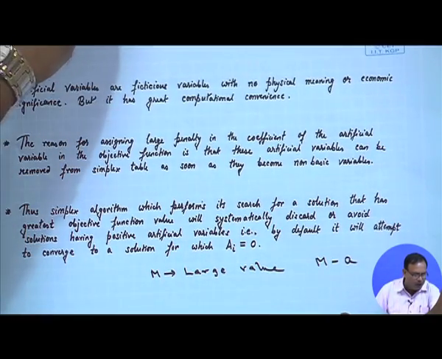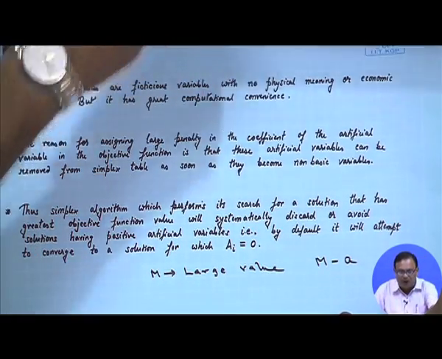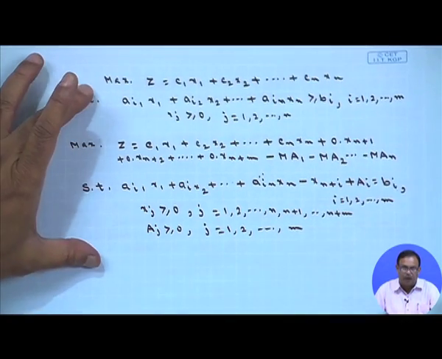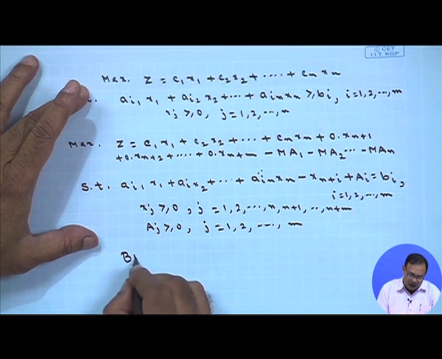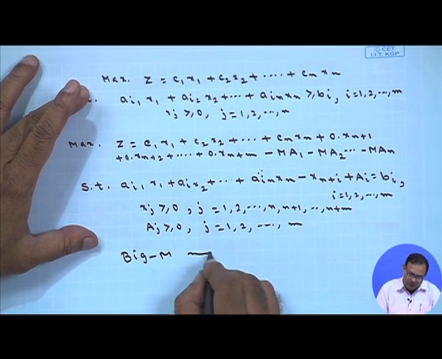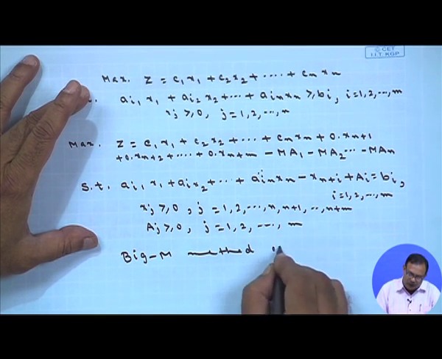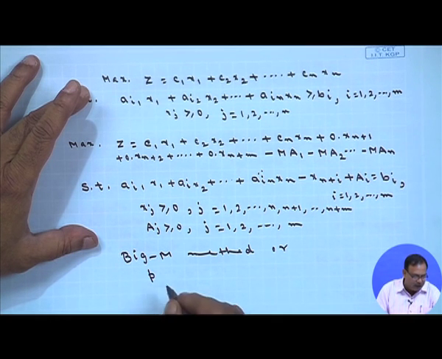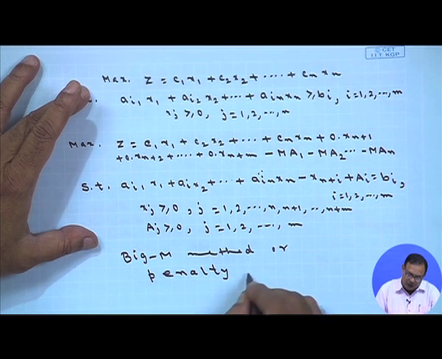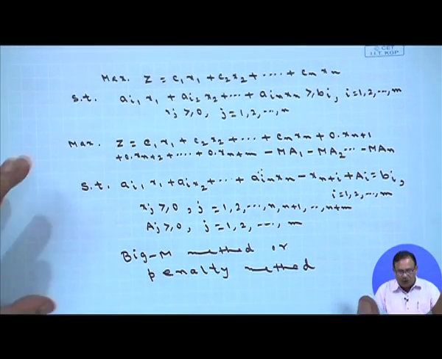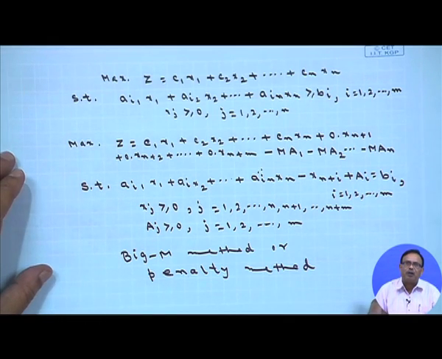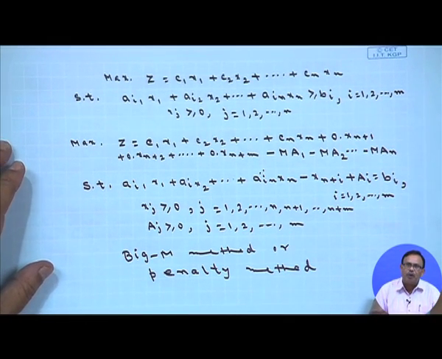Please note, this modified simplex method I have discussed here is known as the big M method, or sometimes people call it the penalty method.